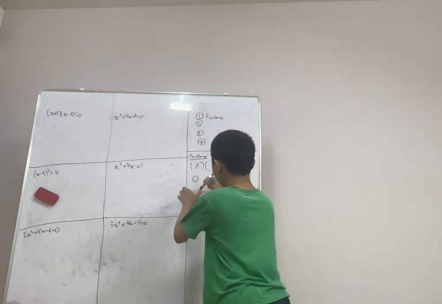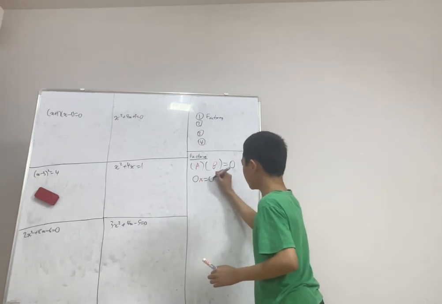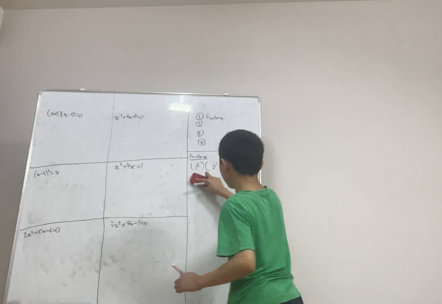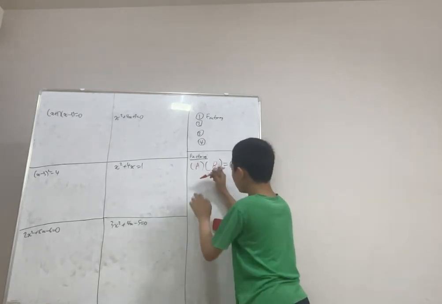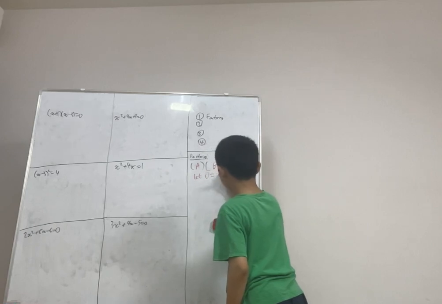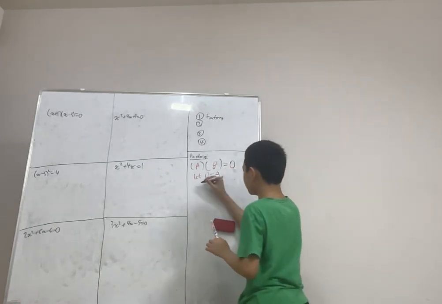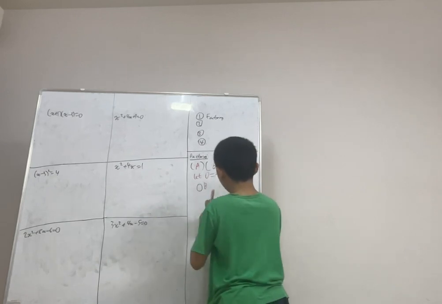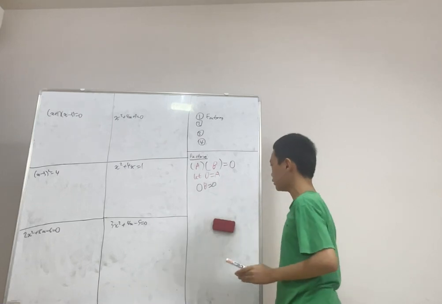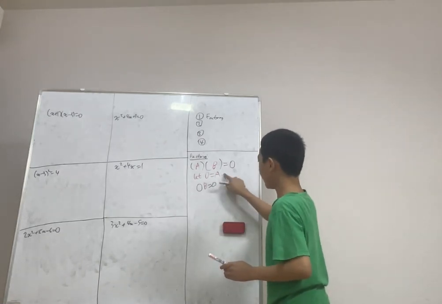So 0x, where x is any number, will always result in 0. That means that if a is 0, then 0b will equal 0. And this is obviously true, whatever b's value is. And since this equation is true, we can just solve with a as 0.